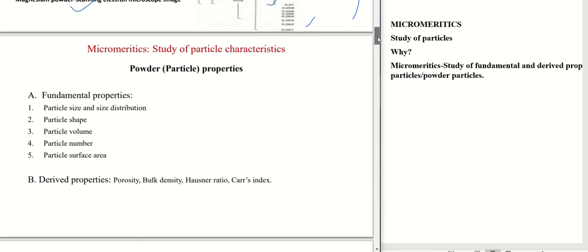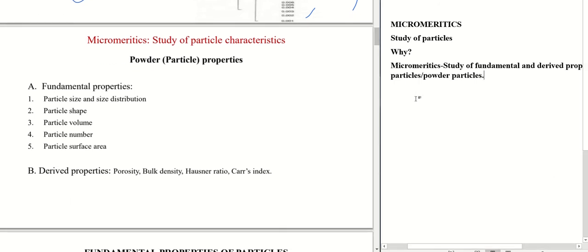Let me give one example. Suppose, let us consider the formulation of inhalations. Inhalations or inhalation powders are used to treat most of the upper respiratory tract infections or even the lower respiratory tract infections.